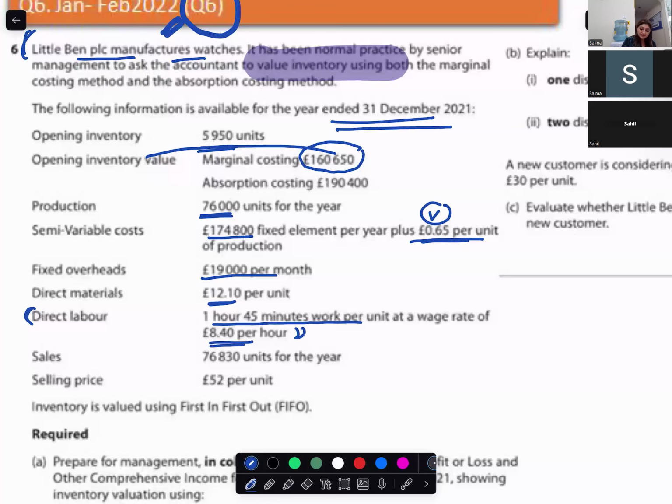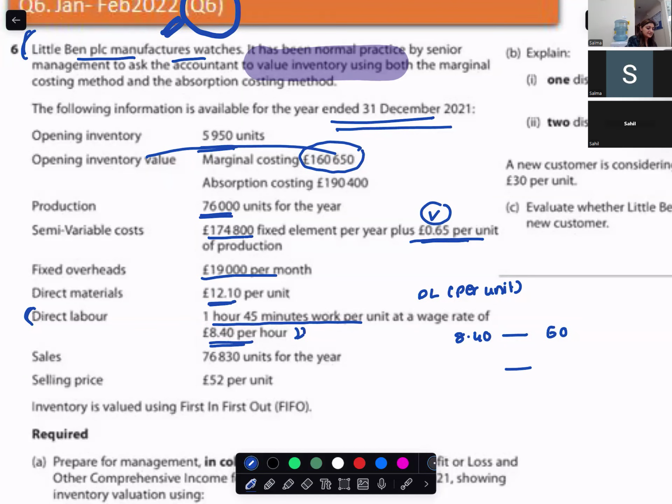So can you give me the direct labor per unit? Wage rate is 8.40 for 60 minutes, right? So you have how many minutes? 1 hour 45 minutes.